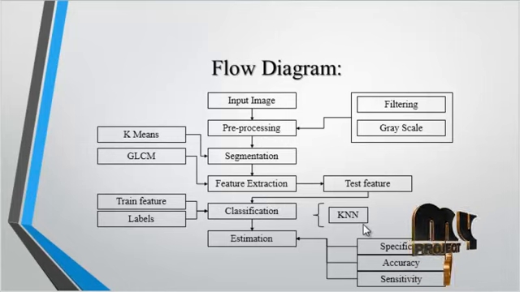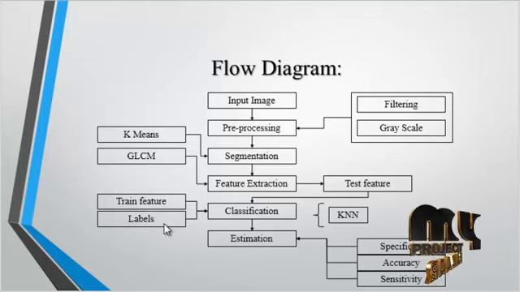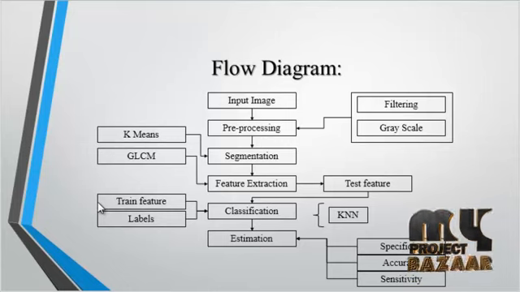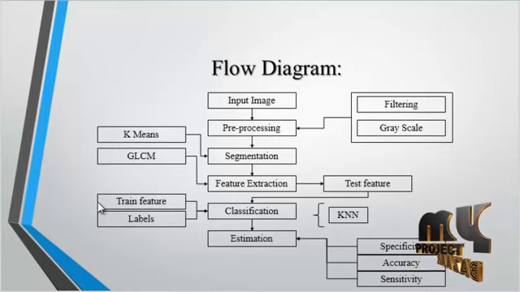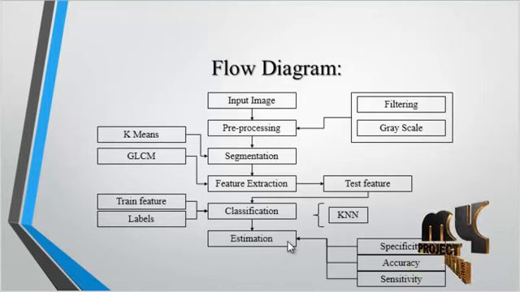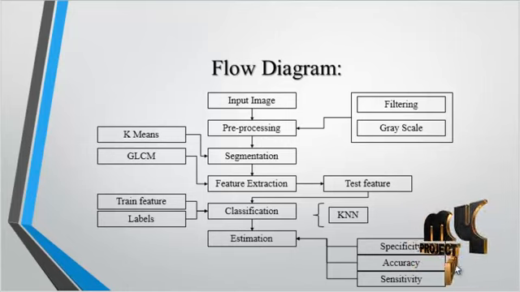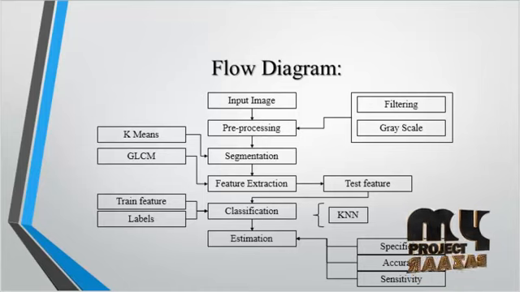In this classification, we have to give 3 things as input: first the test feature, then the train feature, then the labels. The train feature is the features obtained from the whole dataset images. Labels are the number of categories present in the process. After the classification, the performance is estimated by parameters like accuracy, sensitivity and specificity. By these 3 parameters, we can justify whether our process is efficient or not.